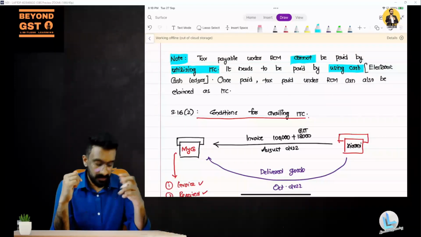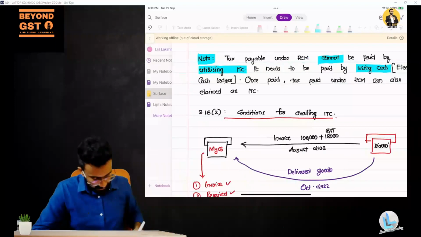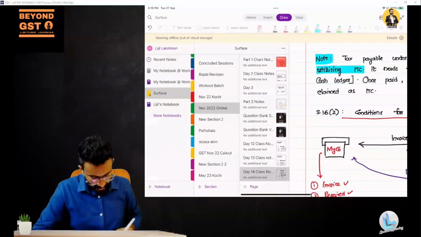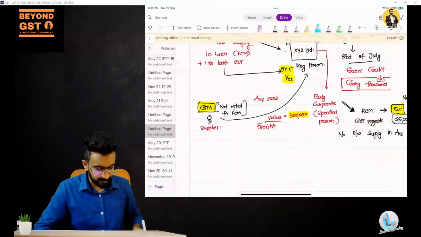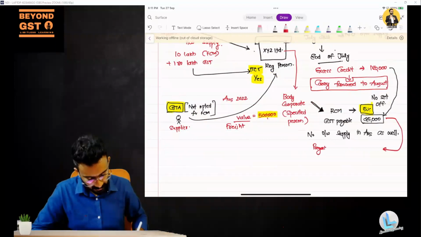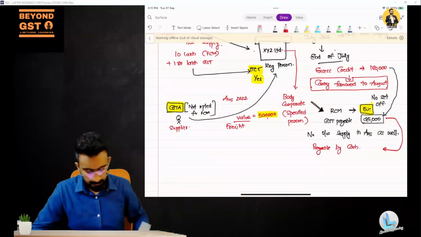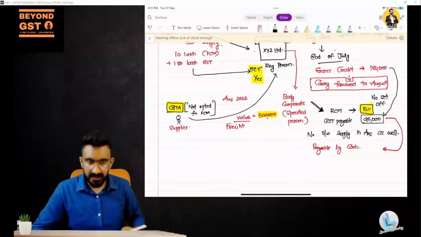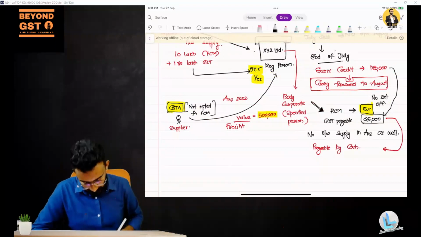But in the same question that I'm discussing here, at the end of August, this 25,000, is it payable? Yes, payable by cash. So my question is this, if that's the case, by end of August, what will be their credit?